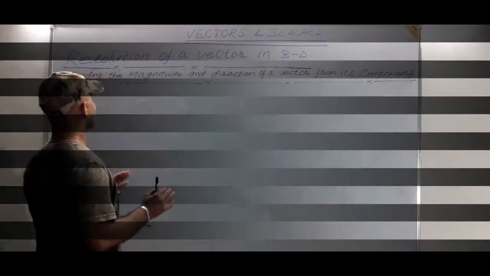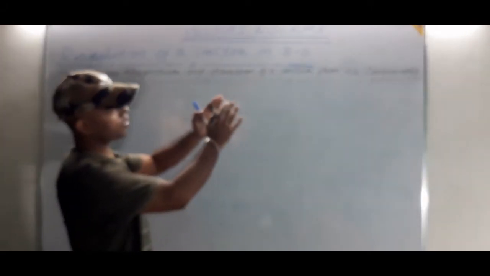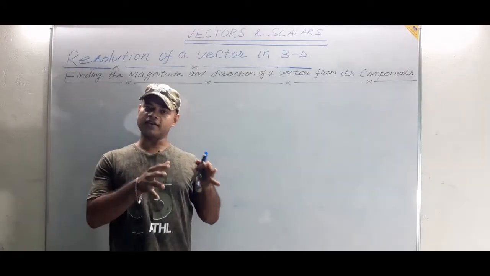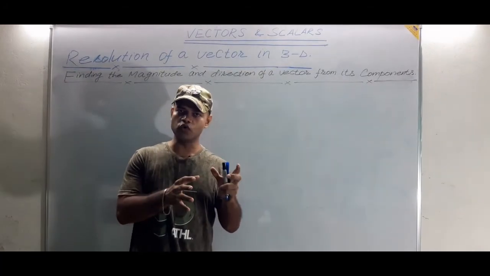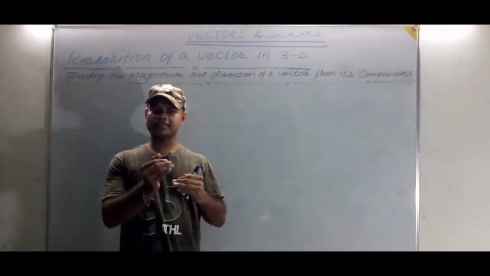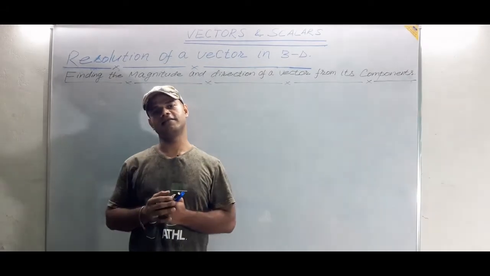Alright, so now finding the magnitude and direction of a vector from its components. Till now what we did was a vector is given, means a vector's magnitude is given and its direction with respect to x-axis, y-axis and z-axis is given.